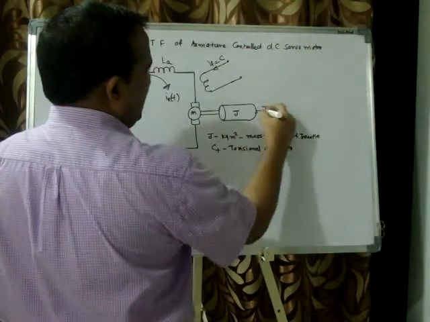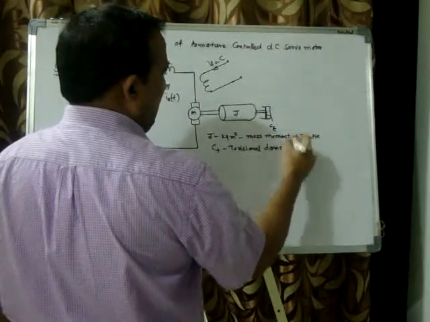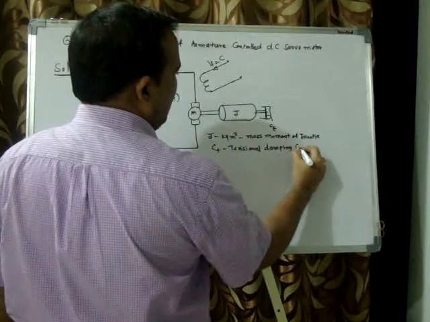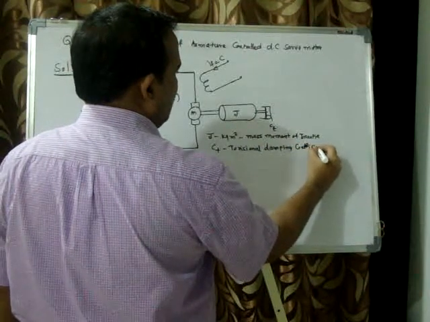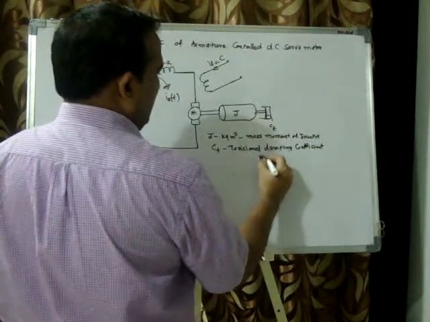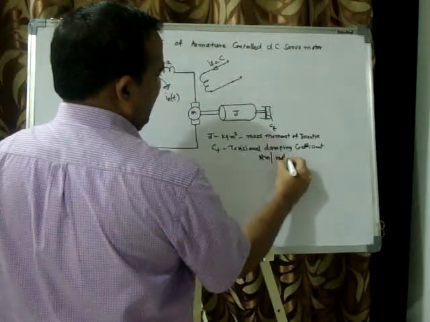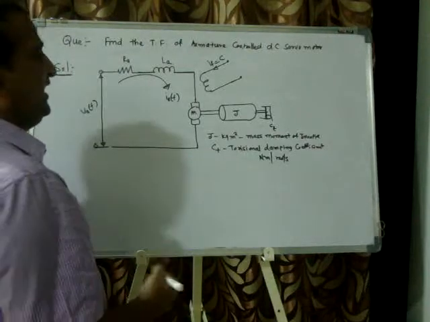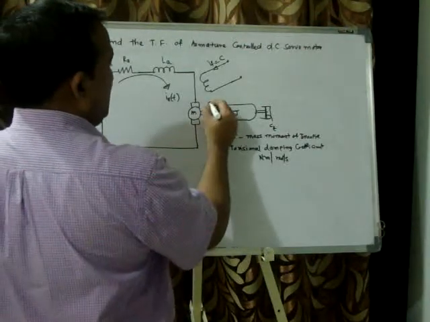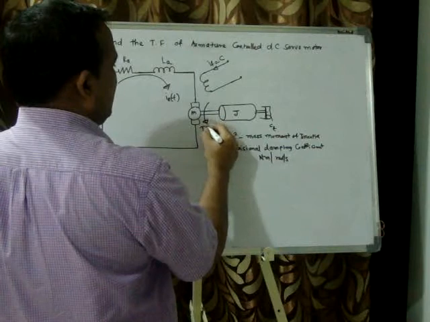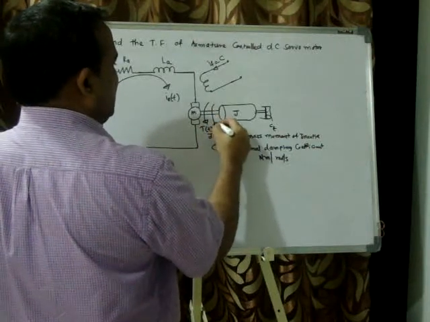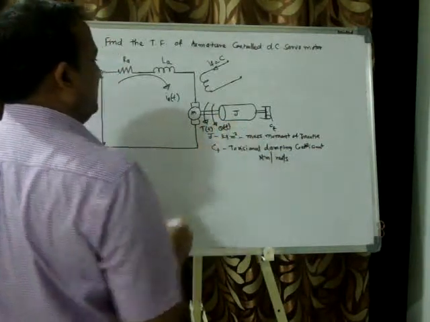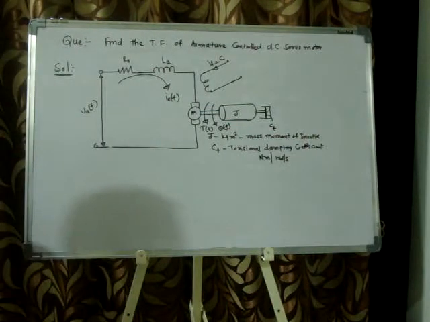There is oil inside, with a piston and cylinder, and it is rotating. The unit is Newton meter per radian per second. It is a function of velocity. When the velocity increases, the opposition increases. J and CT are opposition. The output of the motor is torque as well as the angular displacement.